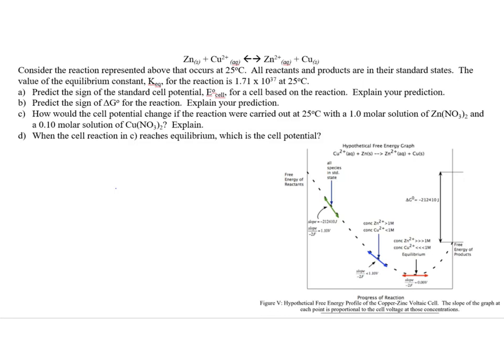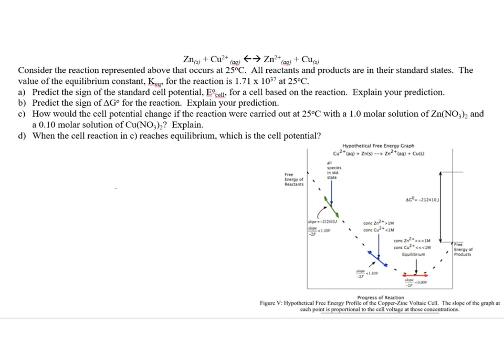It says the value of the equilibrium constant for the reaction is 1.71 times 10 to the 37th at 25 degrees Celsius. We could do some math here if we wanted to. We had those two equations. They're on your equation sheet. You can plug and chug. So if you know K eq, you can use K to figure out the standard Gibbs free energy. And then you can use the standard Gibbs free energy to figure out the standard cell potential.